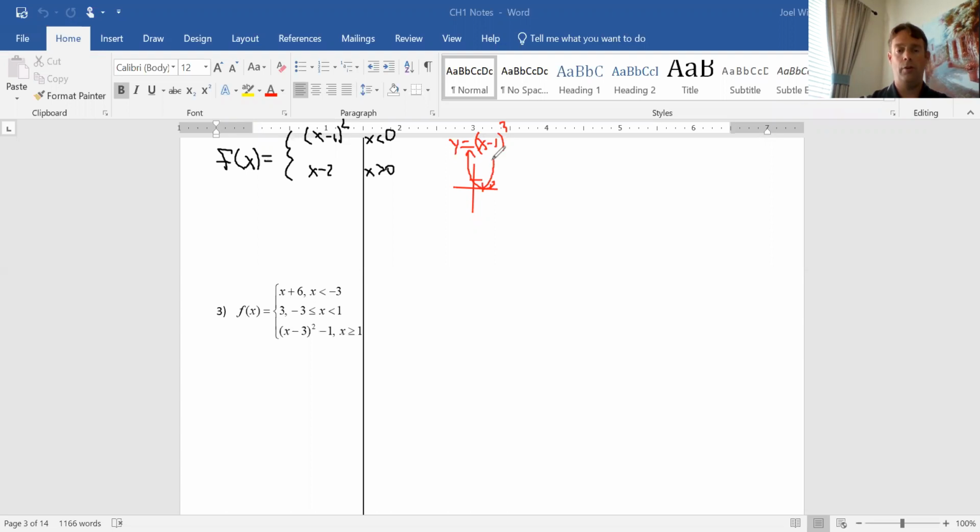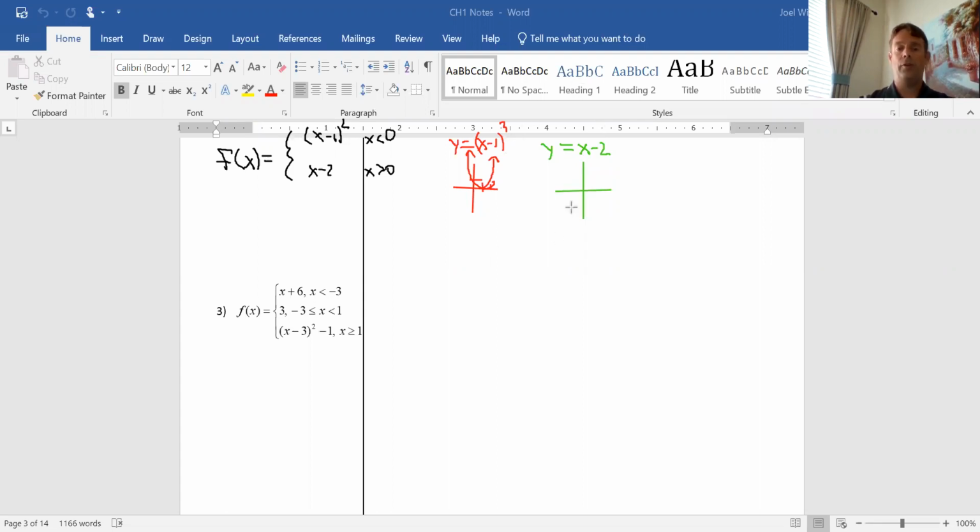So there we are. And then the second function, x minus 2, so that'd be like y equals x minus 2. So you got to remember on piecewise functions, and again, you did a little bit of these back in integrated 3.